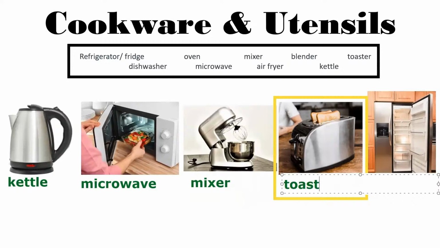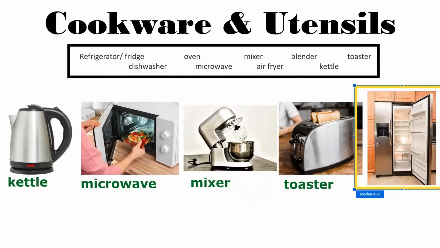If you did, then you are correct. And our final item here, well, you could say refrigerator, but that's a really long word. So fridge is just as good. You can just call it a fridge.